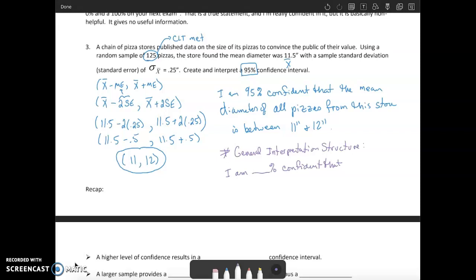So you fill in that blank. I am 90% confident that, and then you fill in the next blanks with whatever the population parameter in question is. In our case, it was the mean diameter of all the pizzas. So you fill that in with whatever context you have. I'm 95% confident that it is between, and then you fill in your lower and upper limits.